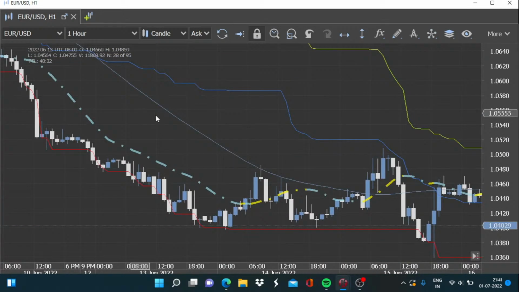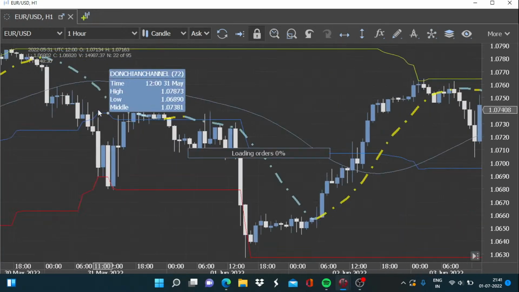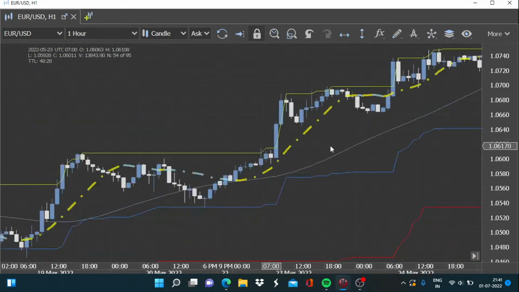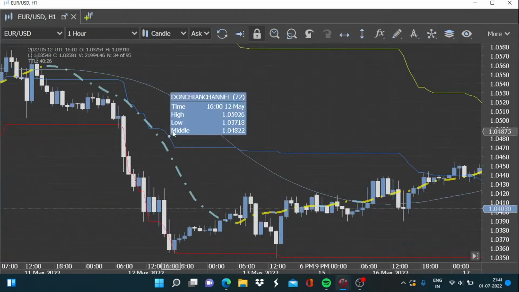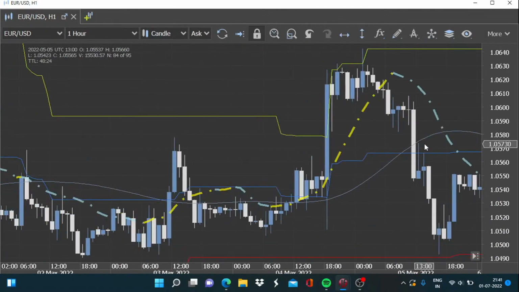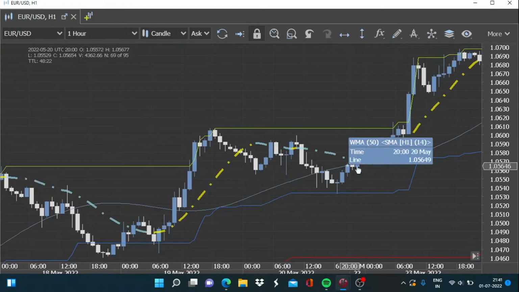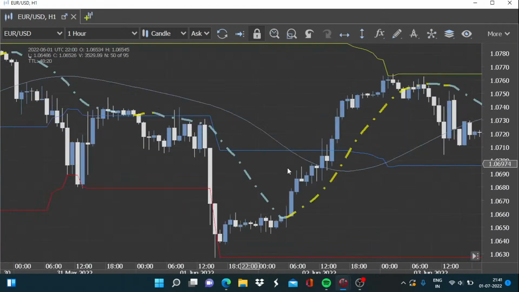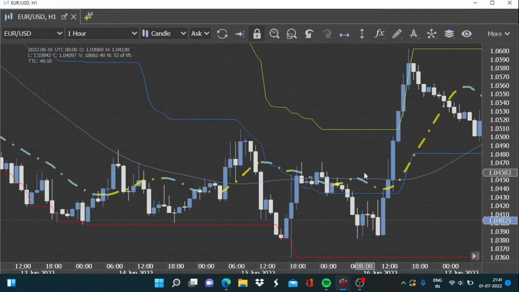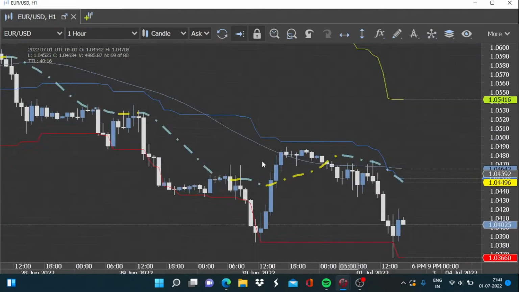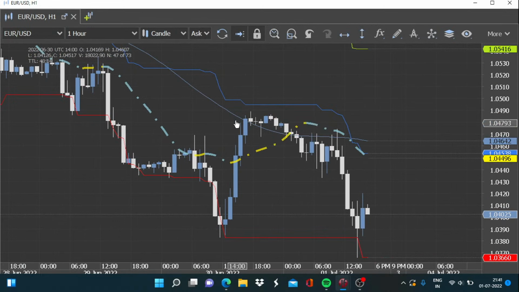So we have all sorts of options provided to us, and all we have to do is try out various combinations, see how it works, whether it is giving you a better idea of the profitable trading opportunities or not.